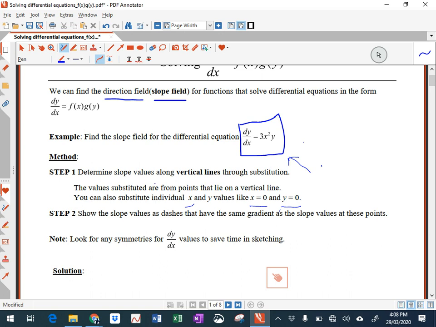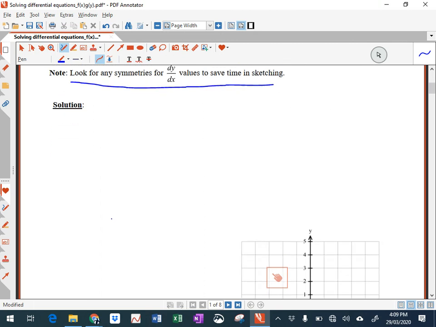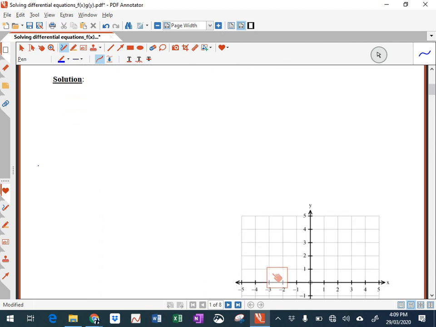Now, just something to be aware of as well is down here. Look for any symmetries for dy dx values or any patterns. That can sometimes save you time in sketching. So let's see how this works in reality. Let's start with just writing down the differential equation here.